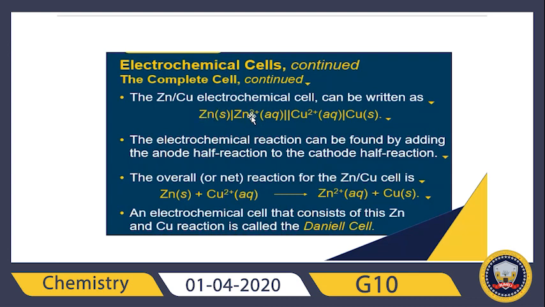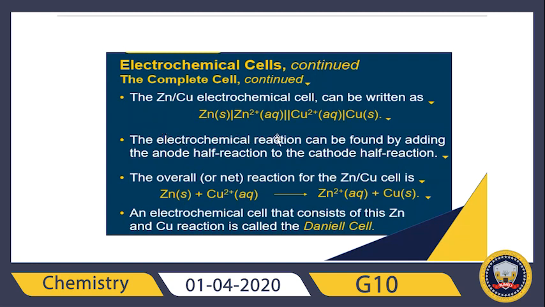In the aqueous solution that contains the zinc ions, separated from the copper ions on the other side, or in the other cell, the solution in which the copper cathode is immersed. And we can apply the same method for all oxidation reduction reactions.